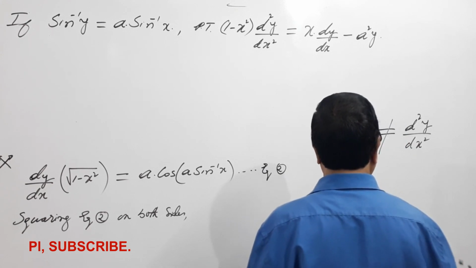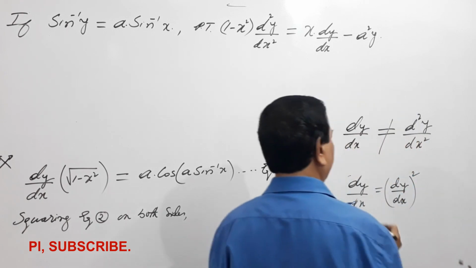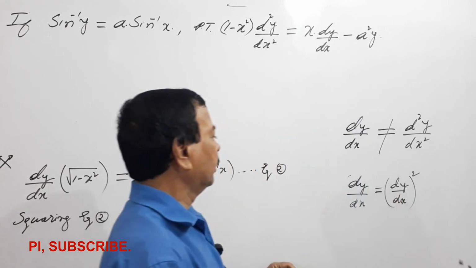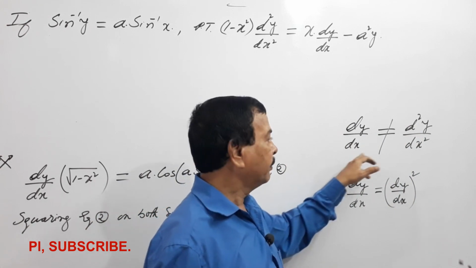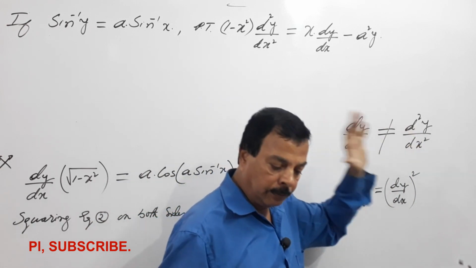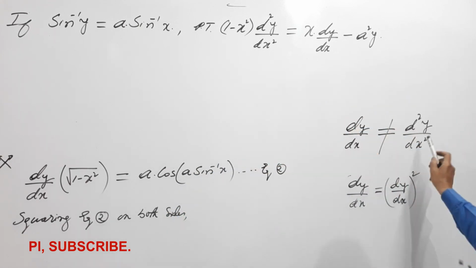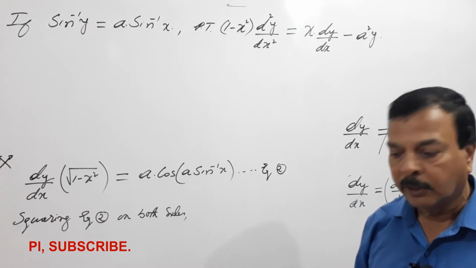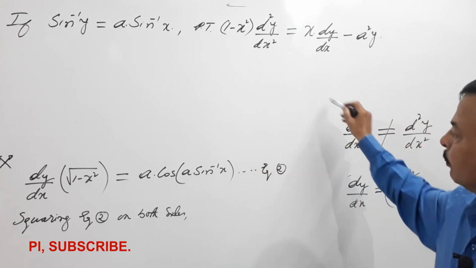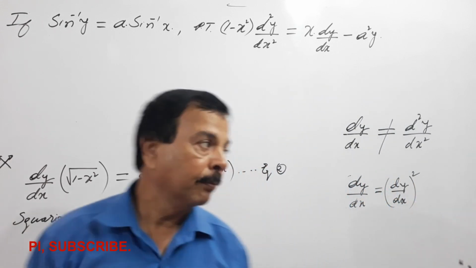If you have to square both sides, it becomes dy by dx the whole square. I have seen most of the students in the examination, the moment they are asked to square both sides, they do this. The moment you do this, you are gone. The examiner will not go ahead with the correction. Straight away he will put one big zero and he will stop at that. So dear students, be careful here.